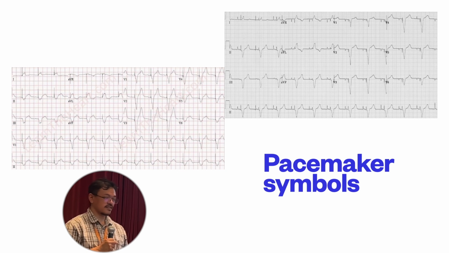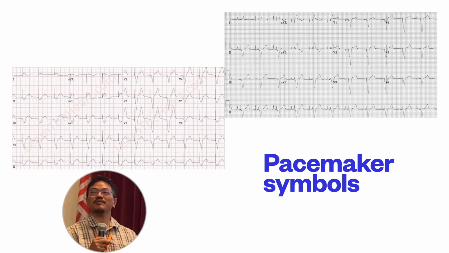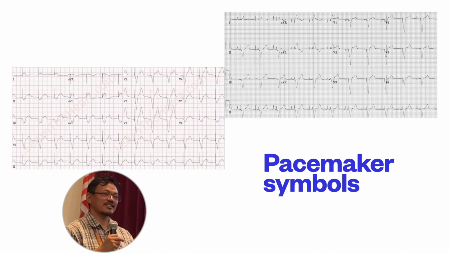So, what do you understand about pacemaker dependence? Have you heard of the term? So what do you understand about pacemaker dependence? Okay, so you can guess whether the patient is fully dependent on the pacemaker.